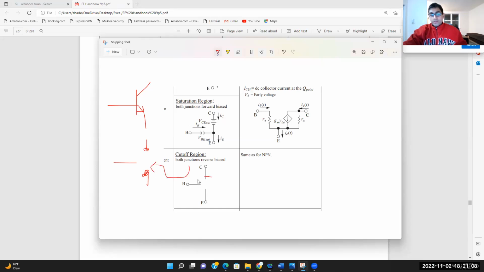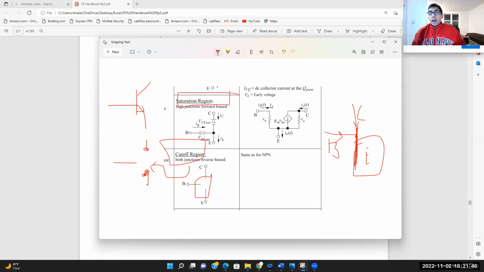This is the cut-off region. When I say it's in the saturation region, it's like a short circuit. So whatever is coming in my base and collector is in my emitter, it's like a short circuit. Okay, so when I say it's a switch, that's either on or off. That means it's either in the saturation or in the cutoff region.